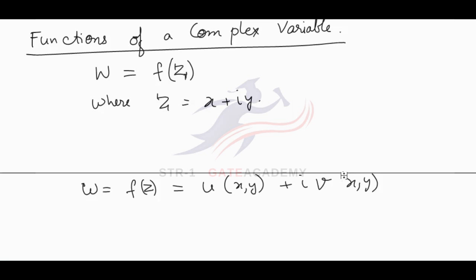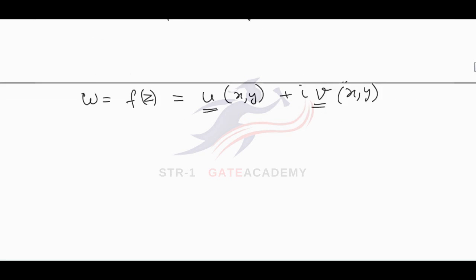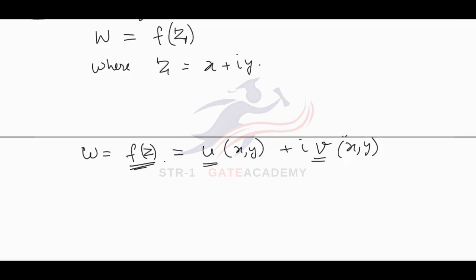There can be another imaginary part and the real part of the complex function, right? What do I mean by this now? I mean to say that there is a function f(z) where z is a complex number and that is denoted by w.